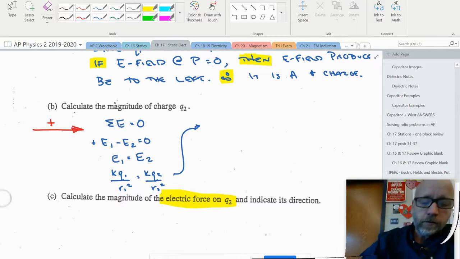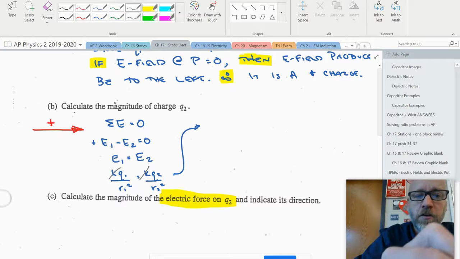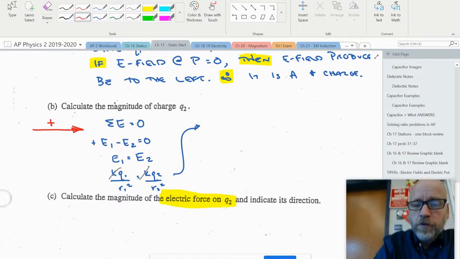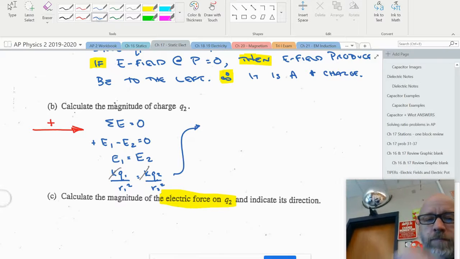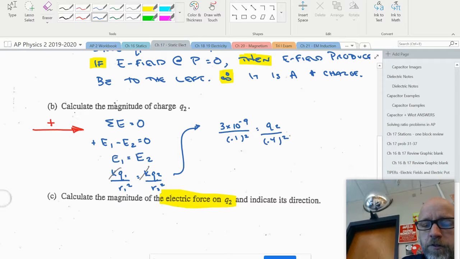To not lose focus, let's go back. K's cancel out. Good, I don't feel like dealing with that. Let's see what numbers I have. Q1 was going to be 3 times 10 to the minus 9 over 0.1 squared equals Q2 over 0.4 squared.